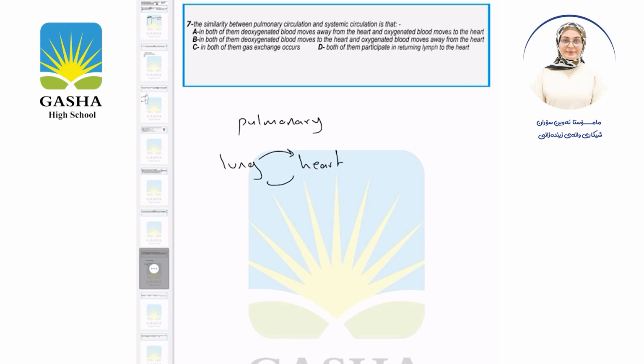The exchanging of blood between those, we call it the pulmonary system. But what is the systematic? As you know, the systematic circulation is the exchanging of blood between the heart and body. We call it systematic.